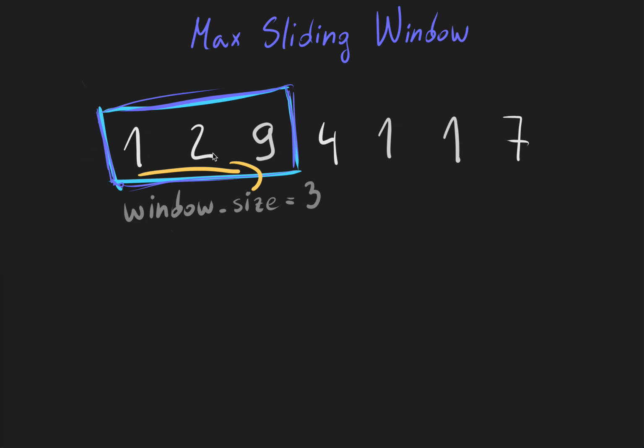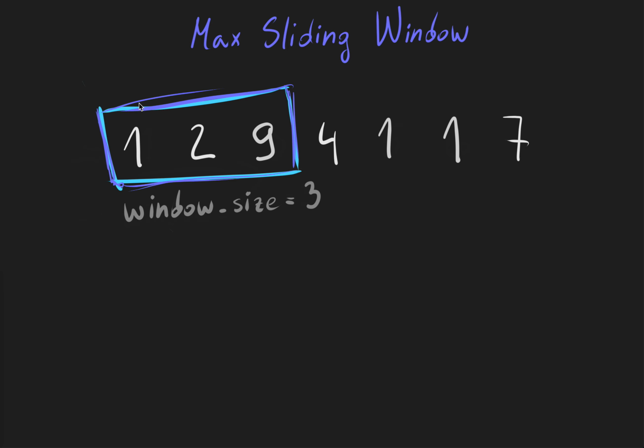This would give us O(n times w) for runtime, and for space complexity it would give us O(w), which represents the numbers inside the window. This would be the brute force approach, and we will see later how it's implemented.